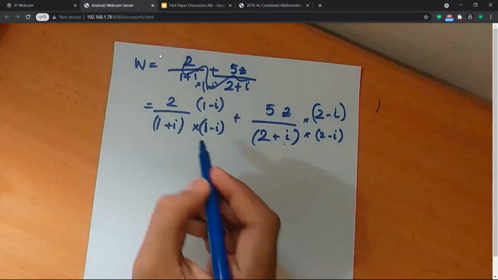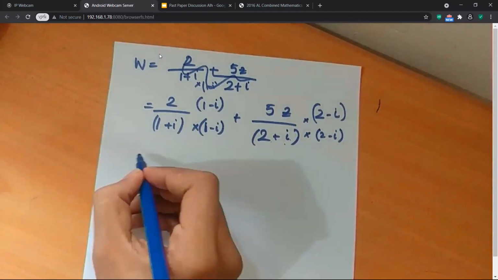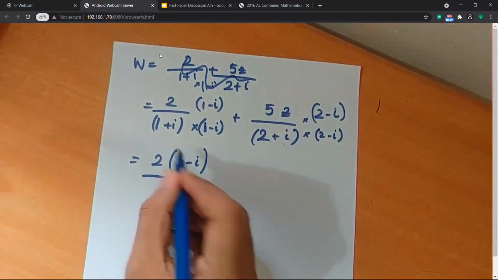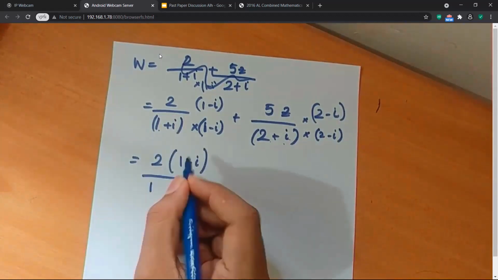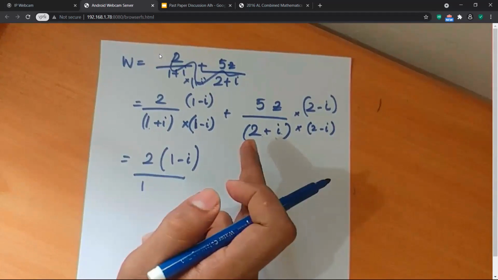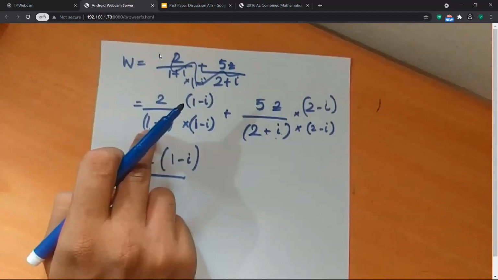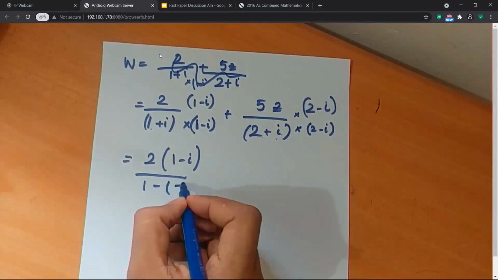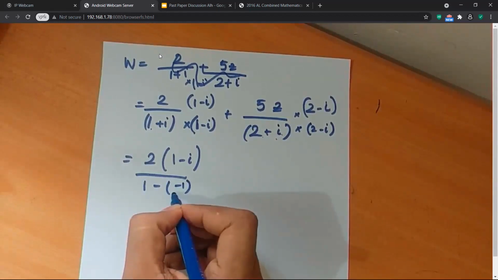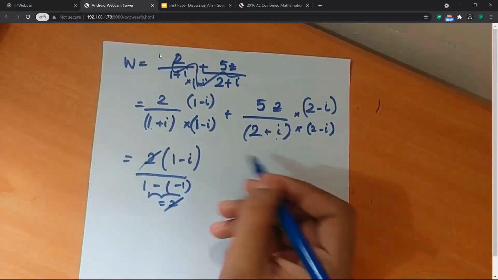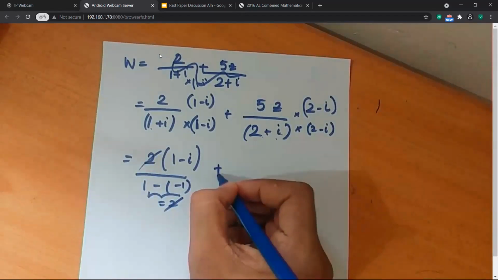Now, why do we multiply by that? You will see in a minute. For the first term, 1 times 1 is 1, so it's the difference of two squares: 1 squared minus i squared. What is i squared? i squared is minus 1, so minus minus 1 becomes 2. So you can cancel these two out. That's why we multiply by the conjugate: you get a simpler term.